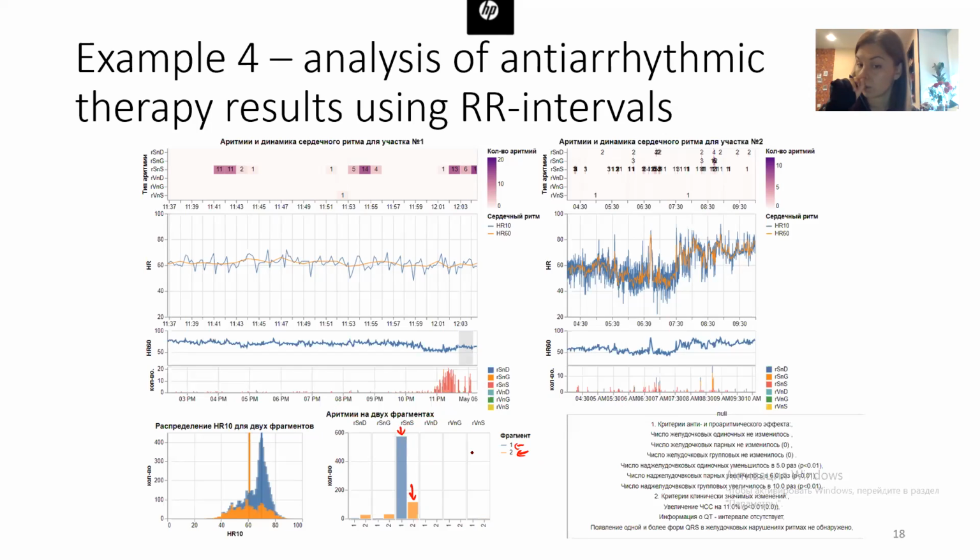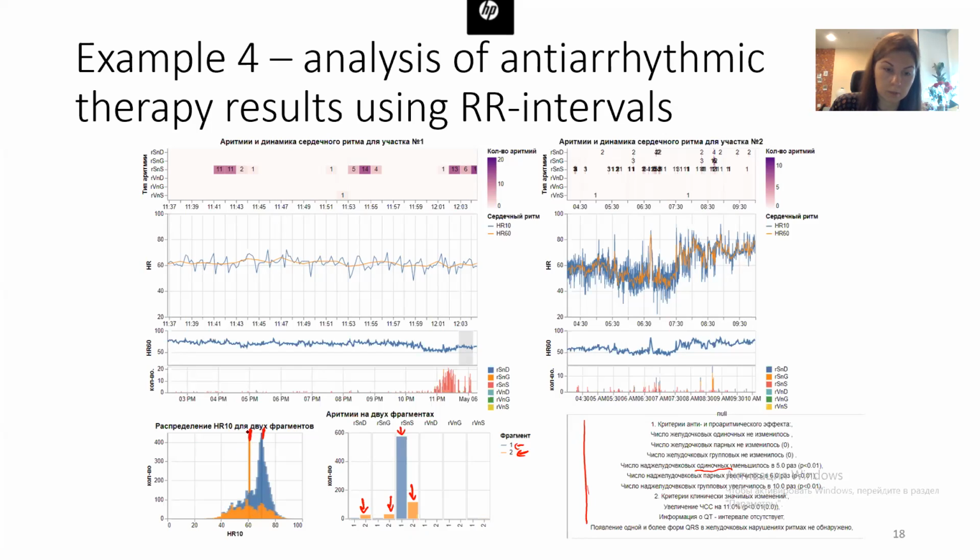It's good. You may see that we also have a conclusion here: the number of some arrhythmias is greater than before the therapy, so we have more grouped arrhythmias, but the number of single events is 5 times less. We also have the heart rate distribution for the 2 fragments, and mean values will be here.